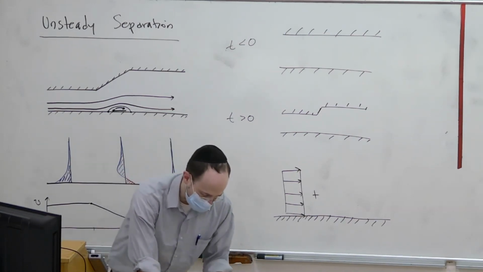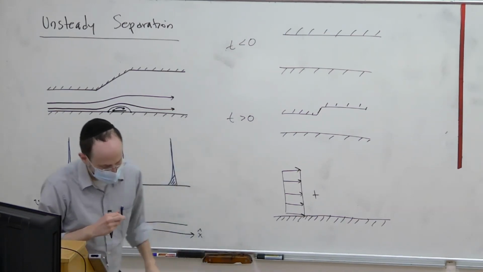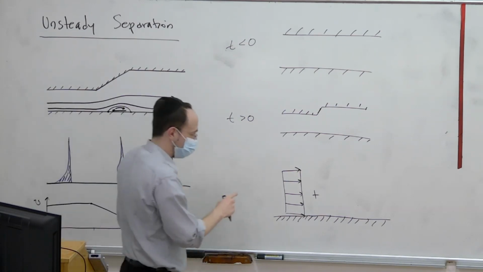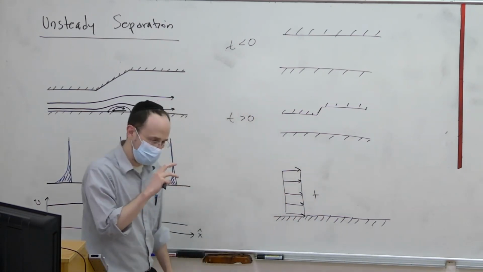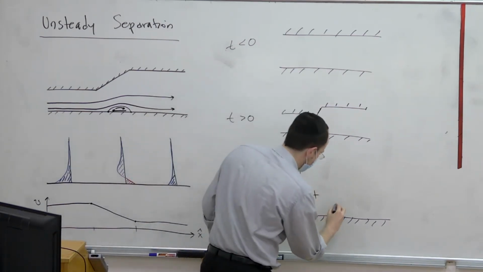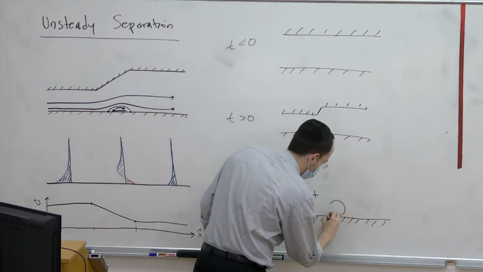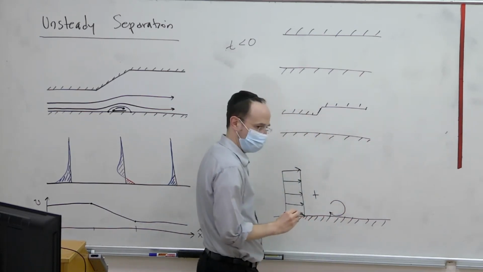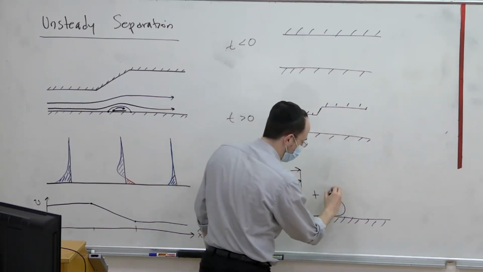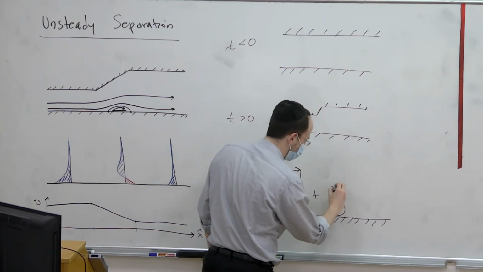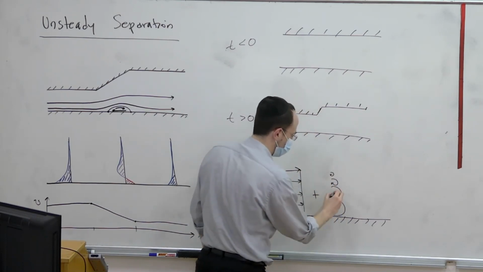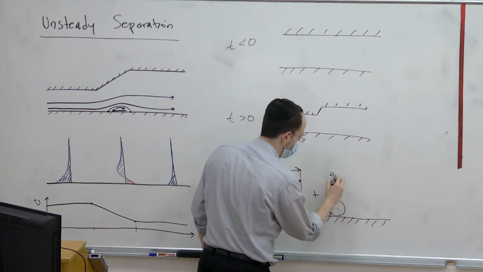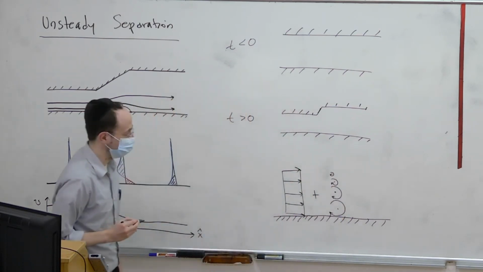So it's a little bit backwards from the perspective of thinking about the concentration of vorticity, but it'll make the visual picture a lot easier. So we'll assume that if there's a lot of vorticity at the wall, we'll put a big vortex there. And then as you move away, we have less vorticity, so we'll put a smaller vortex, and then a smaller vortex, and a smaller vortex. These will all be my vortices.